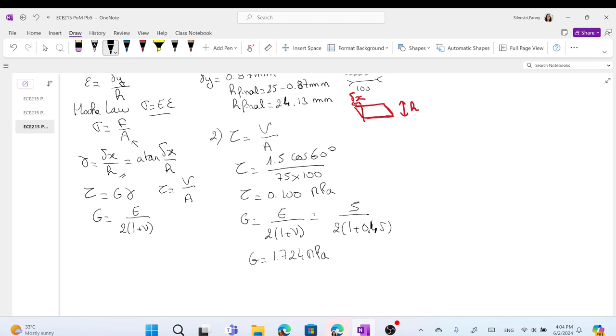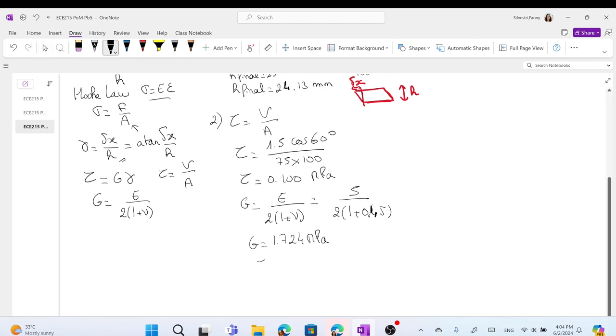We are almost there. So now we can use the formula tau equals G times gamma, and we find gamma equals tau divided by G, so 0.100 divided by 1.724.